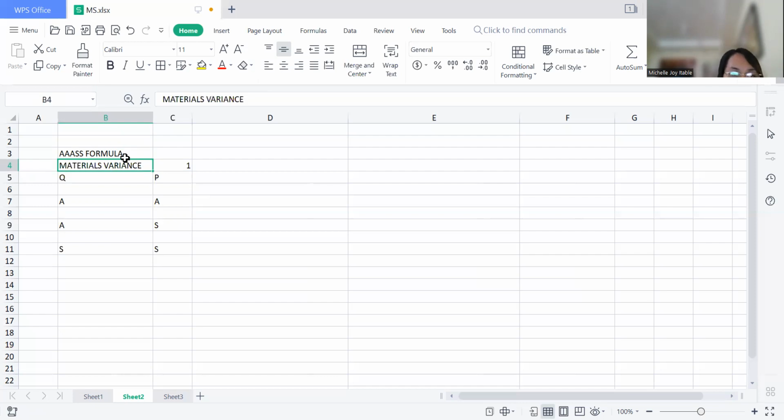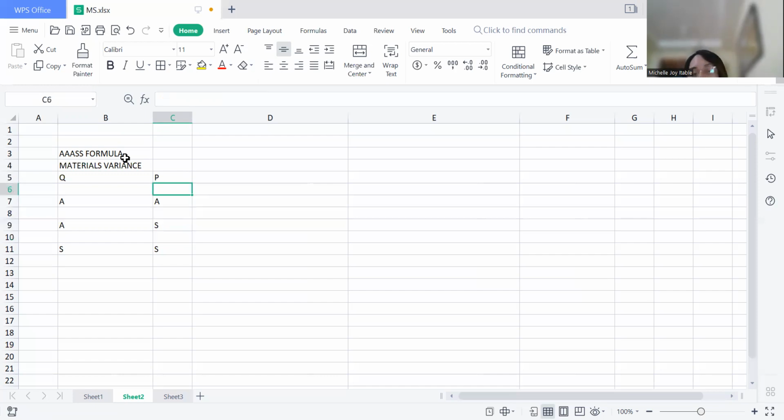Here, actual quantity and actual price, actual quantity and standard price. Yan yung difference nila dito. Ang difference dito is yung price, kasi pareho yung quantity.